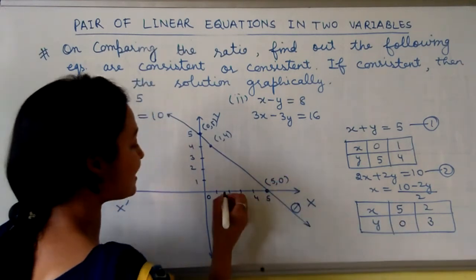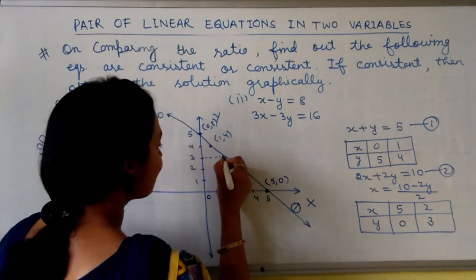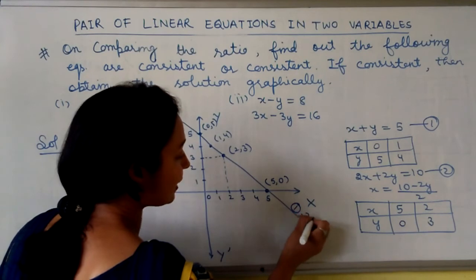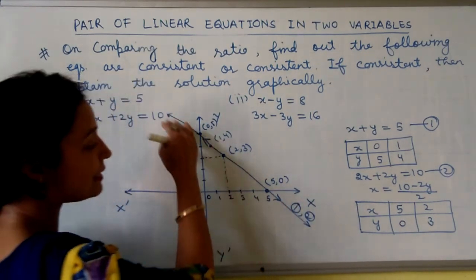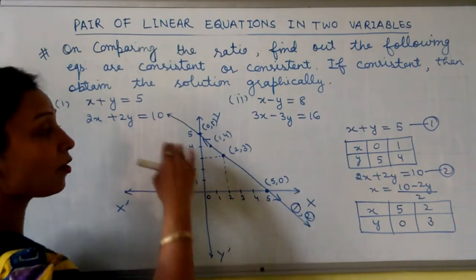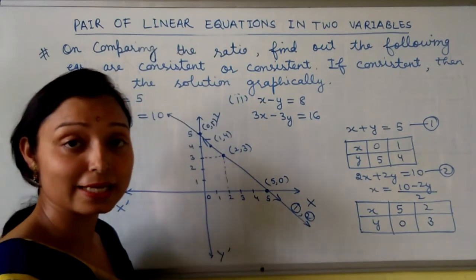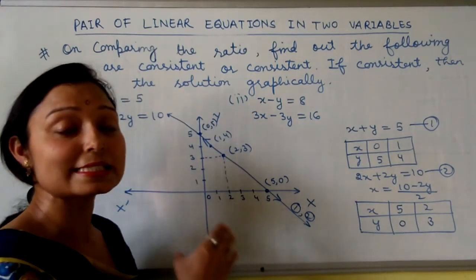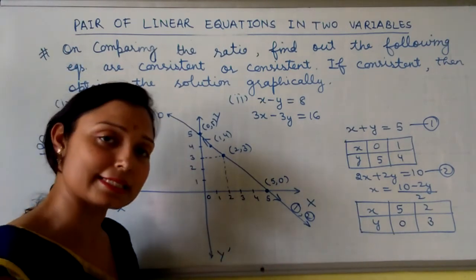The second point is x is 2, y is 3, that is (2, 3). Again the second equation is on the same line. They both lie on the same line. These are coincident; all the points lie on the same line. Therefore this system of equations is consistent.